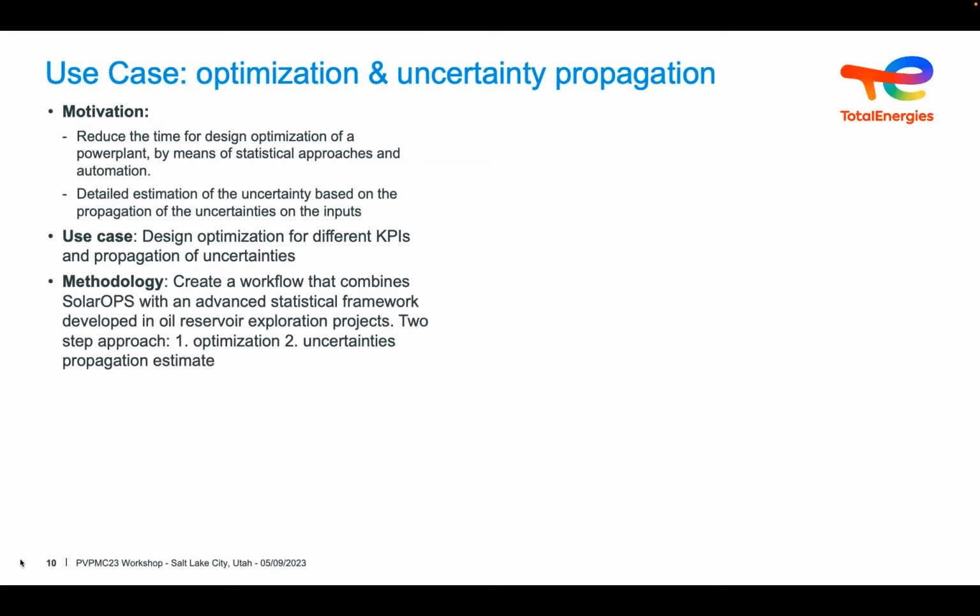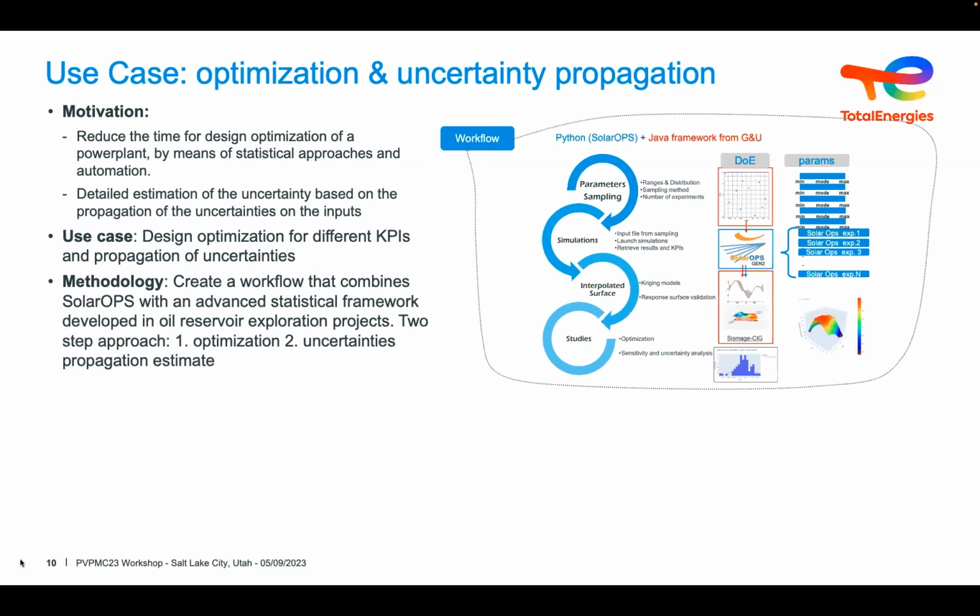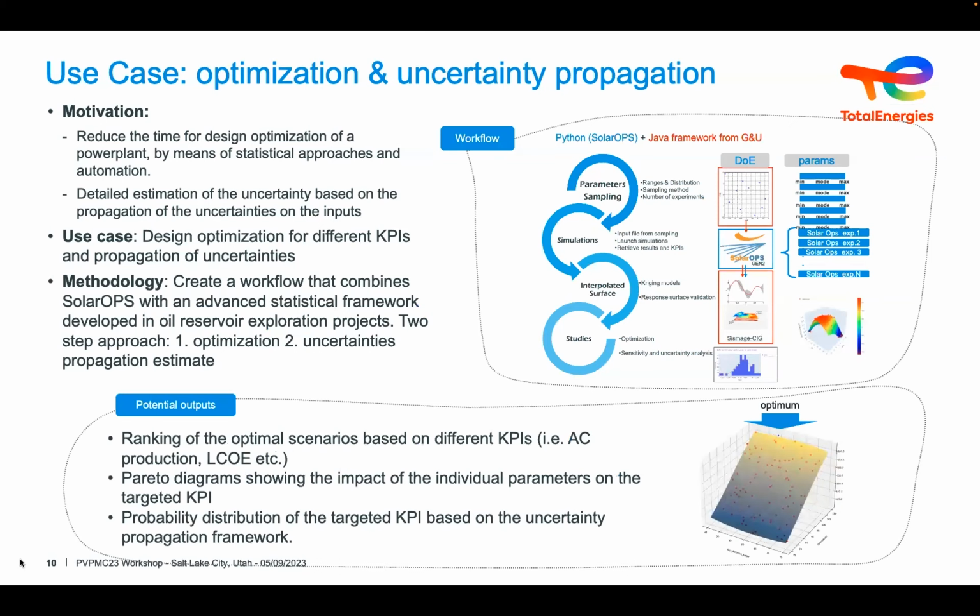The methodology is that we are creating a workflow that combines SolarOPS with an advanced statistical framework which was developed several years ago within Total, but for a completely different purpose, which is oil reservoir exploration projects. So practically, it's a two-step approach where first we conduct optimization, and then based on the optimized scenario, we conduct an uncertainty propagation estimate.